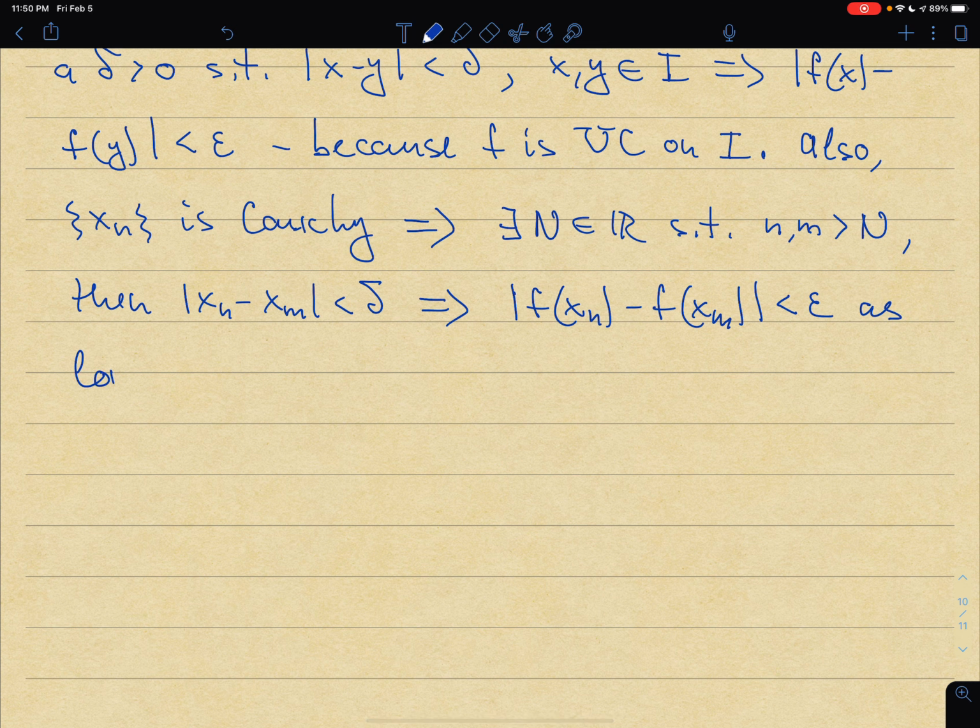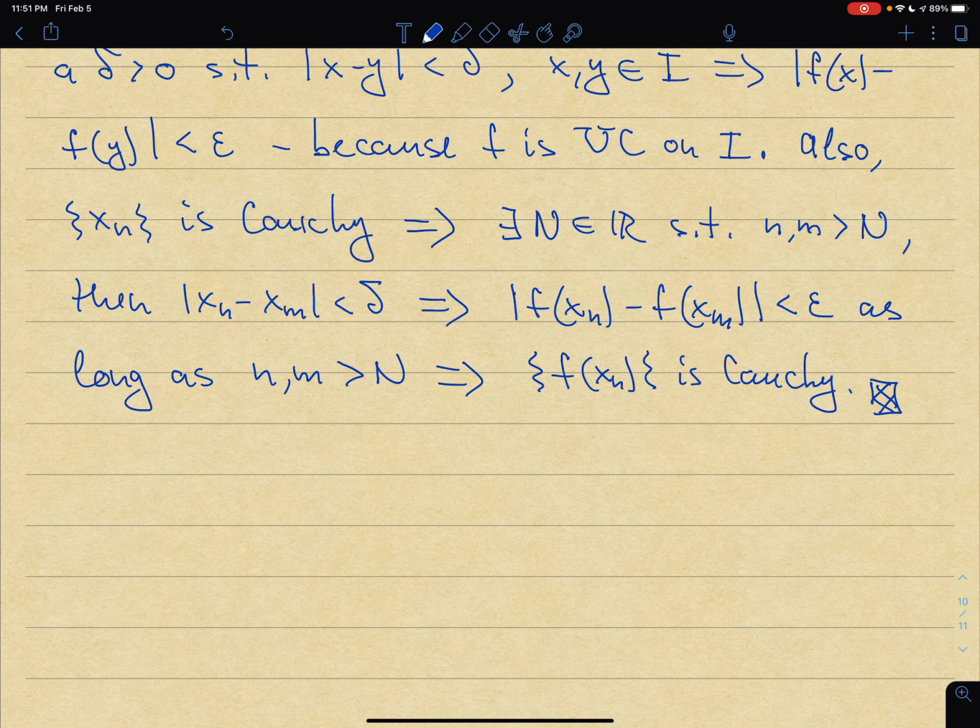This is true as long as n and m are bigger than capital N. So, like I said, f of xn is Cauchy. And so the proof is completed.